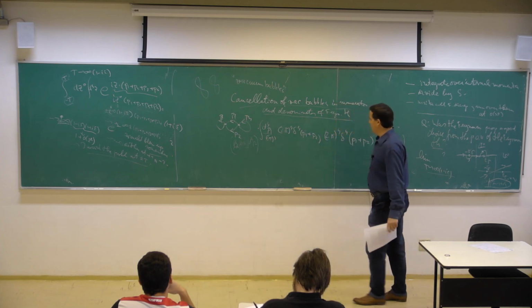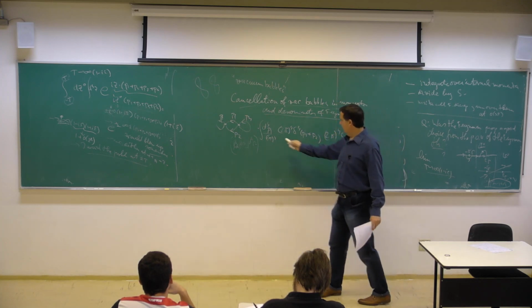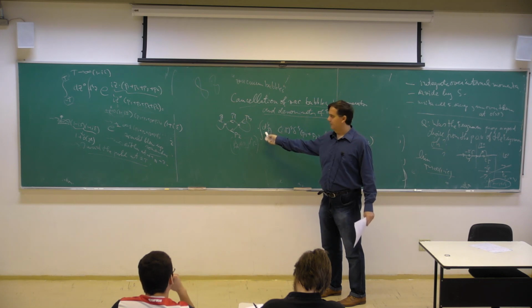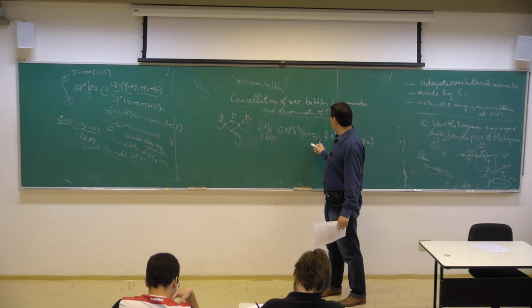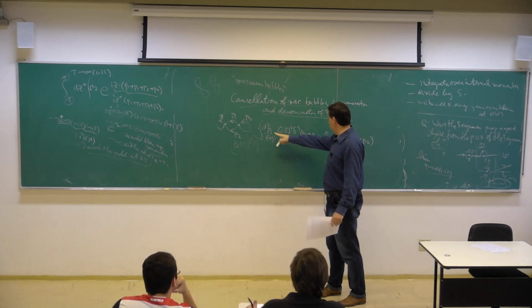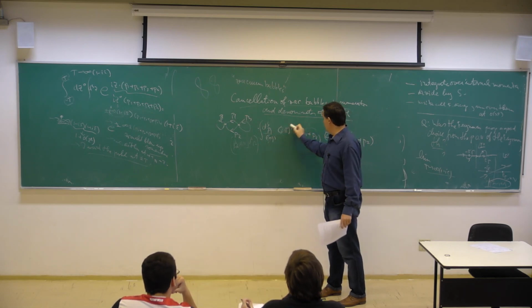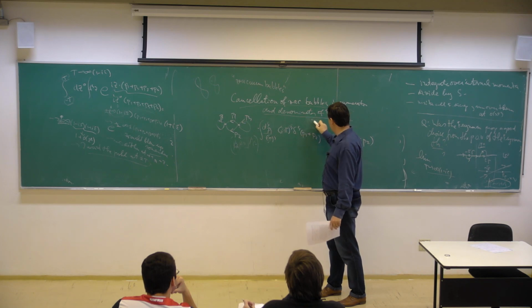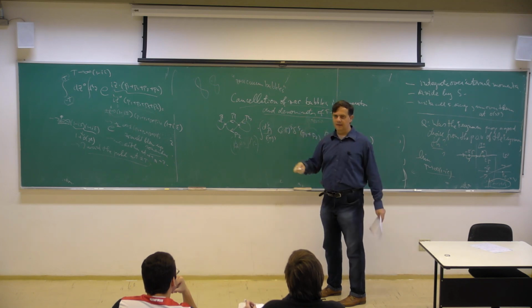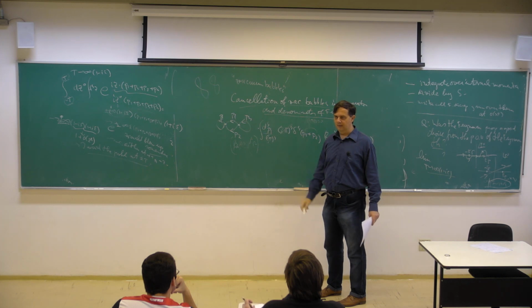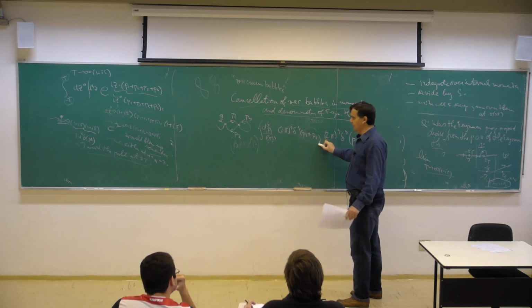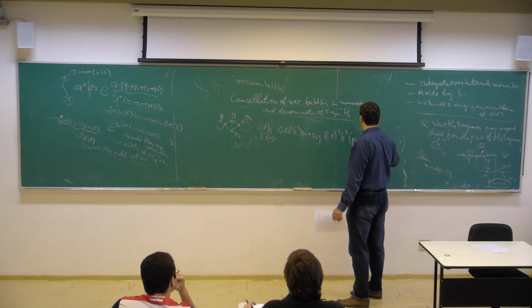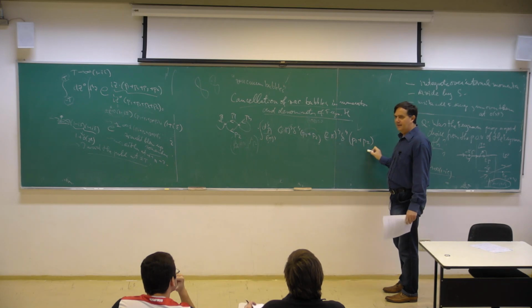By doing the integral over P1, that makes P1 plus P2 equal 0, in other words P1 equal to minus P2. That comes from this delta function, but then I have to substitute everywhere, including in this other delta function.